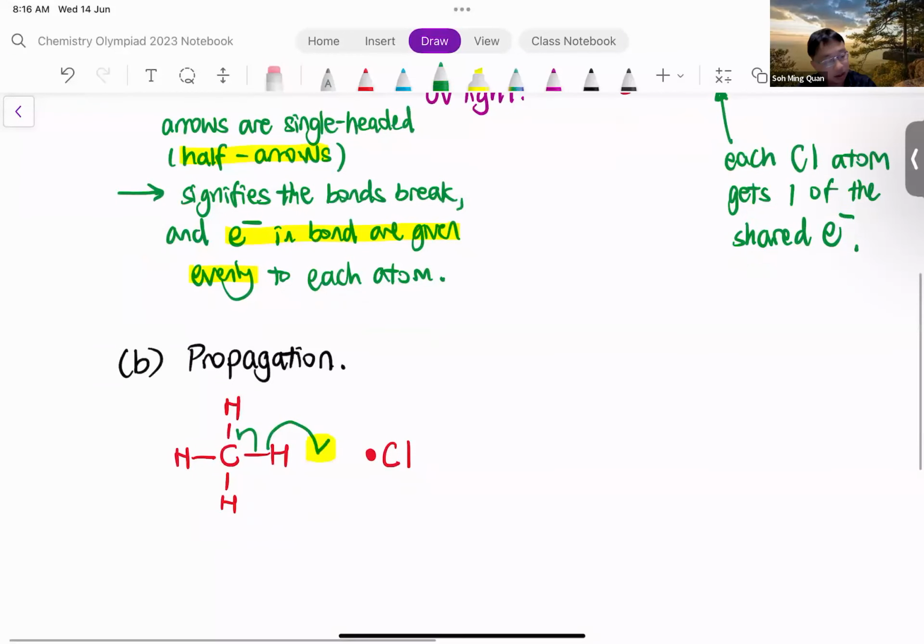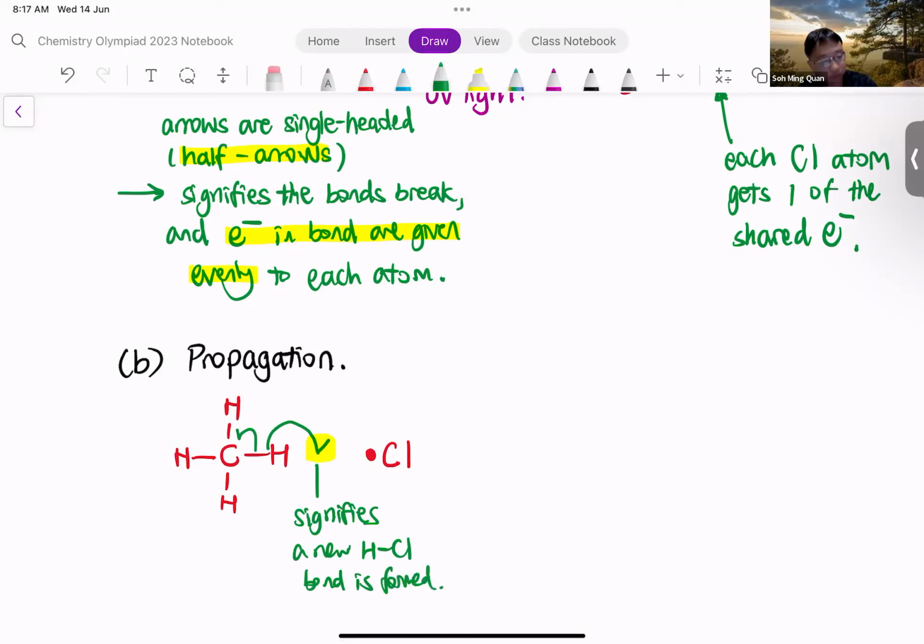This signifies a new HCl bond is formed. And what you get at the end is this. Now the radical is on the carbon plus a new HCl molecule, which we know is present. In free radical substitution of alkanes with chlorine, you produce HCl.